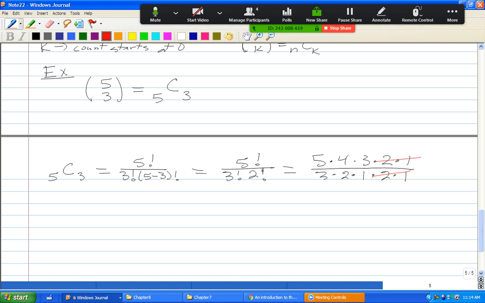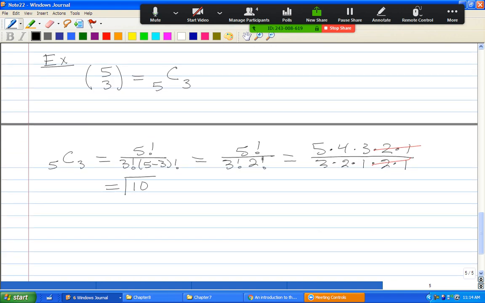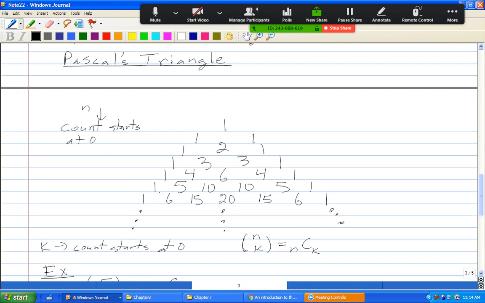So this is equal to, well, let's see. The 3's cancel. And 4 divided by 2 is 2, so 5 times 2 is 10. Or another way of looking at this, so I got the number 10, I could look at Pascal's triangle.